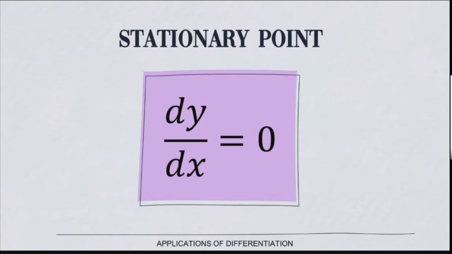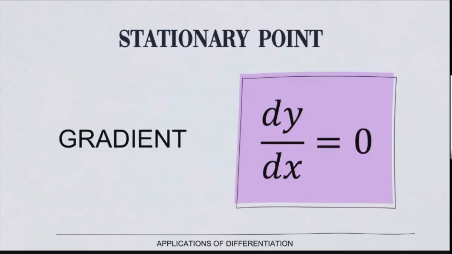But what does dy/dx mean in a graph? If we find dy/dx of a graph, what does it mean? Slope. Yes, gradient, correct. It is a gradient. We can also call it slope.